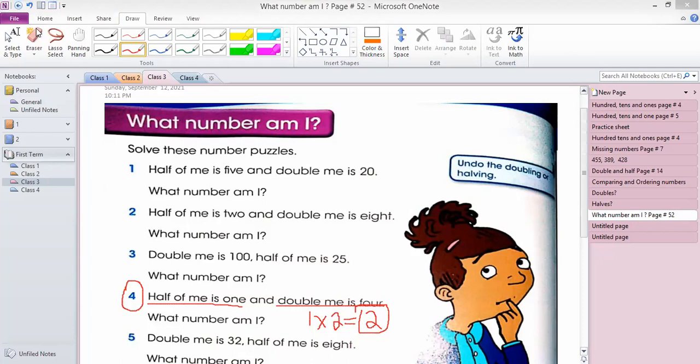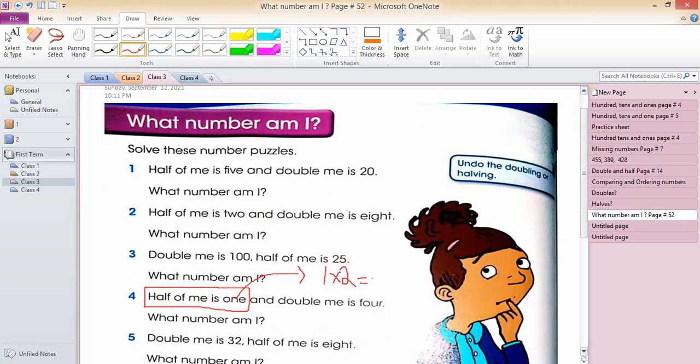So guys, I repeat how you have to check. Half of me is 1. So find out the double of 1. 1 multiplied by 2. So 2 is the number.